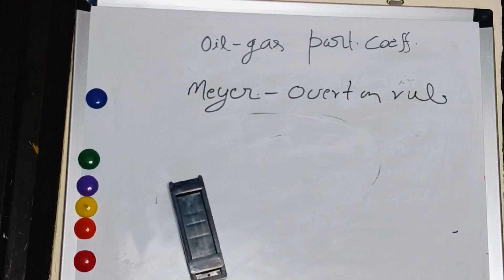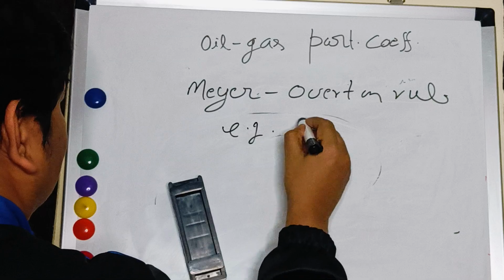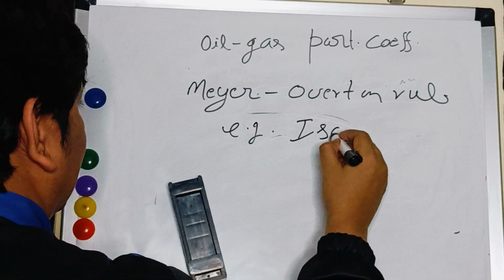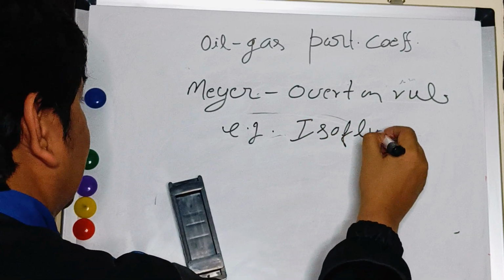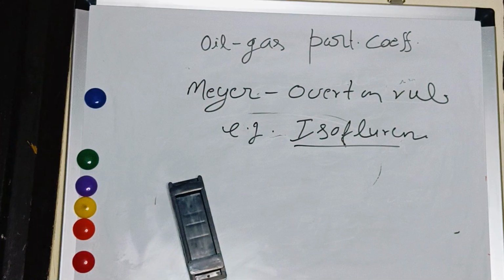An anesthetic with a high oil gas partition coefficient, for example isoflurane. Isoflurane is a drug with a high oil gas partition coefficient. So it is more potent because it is more likely to dissolve easily and affect the lipid rich neuronal membrane.